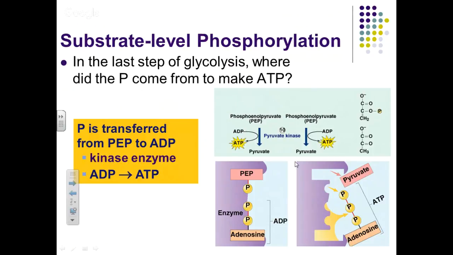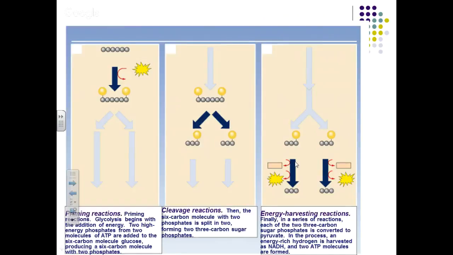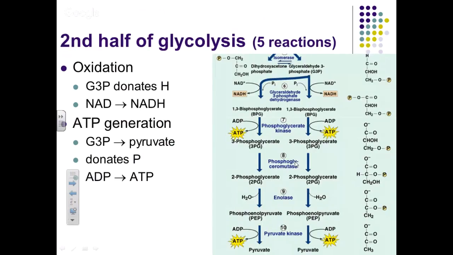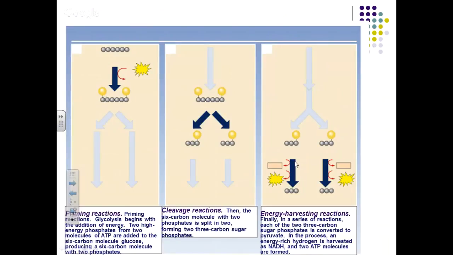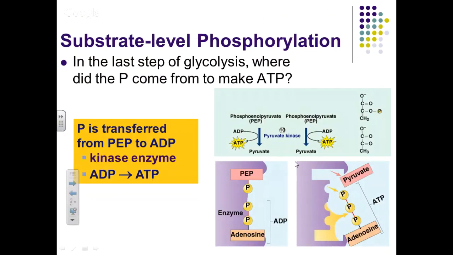The enzyme directly transfers a phosphate off one substrate onto ADP. Substrate level phosphorylation also happens in the Krebs cycle. And the enzymes that do this phosphate transfer are kinase enzymes, like I said before.